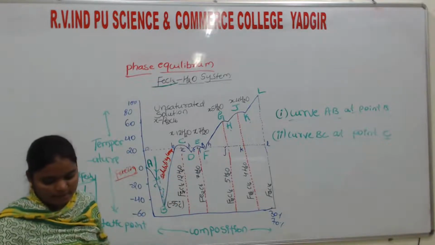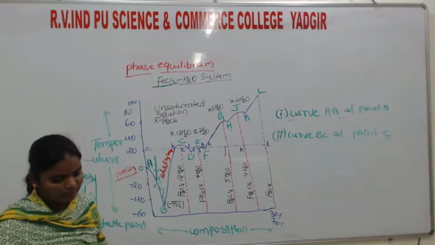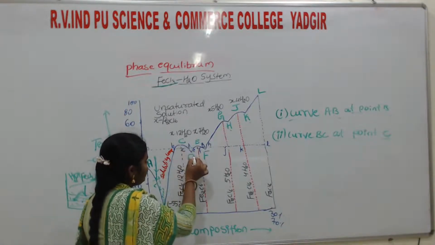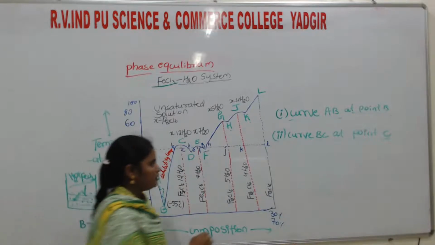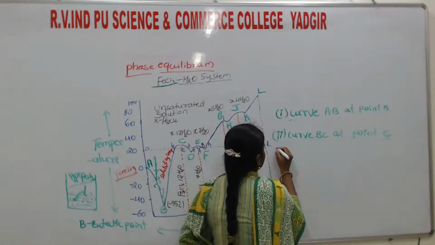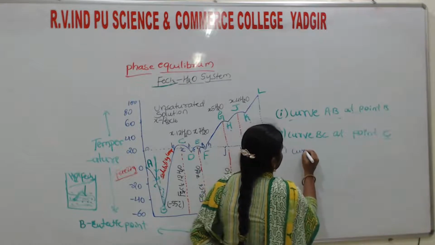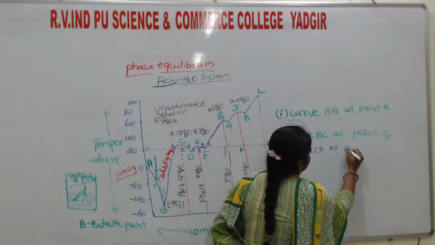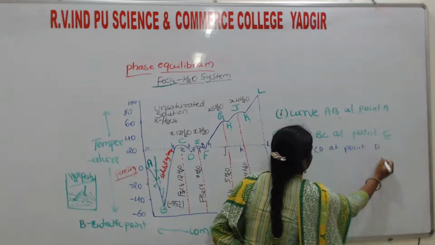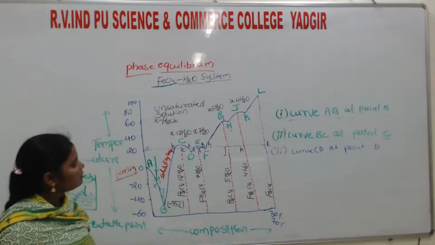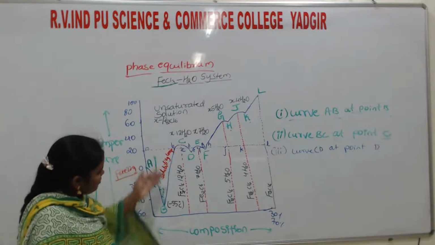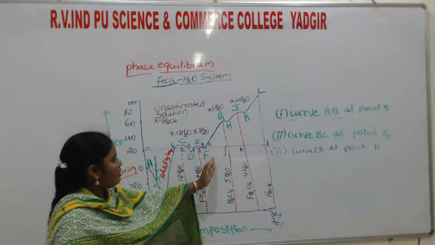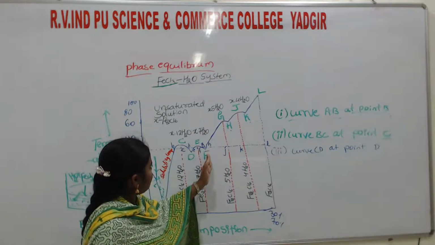And next I consider the curve CD, this curve CD at point D. Third one, curve CD at point D. You know, similar to AB and BC, here CD, DE is similar, and EF is similar.